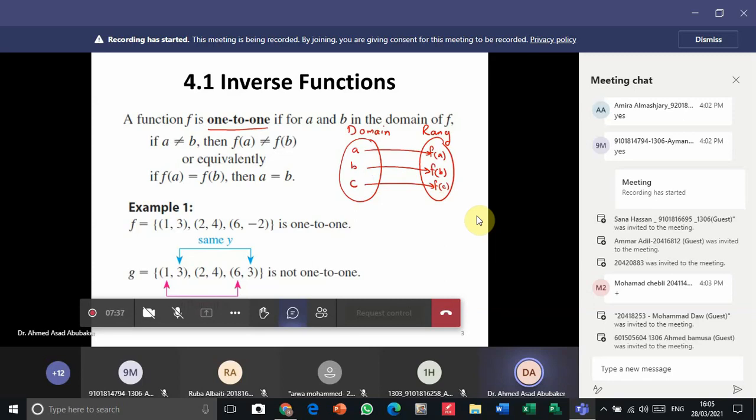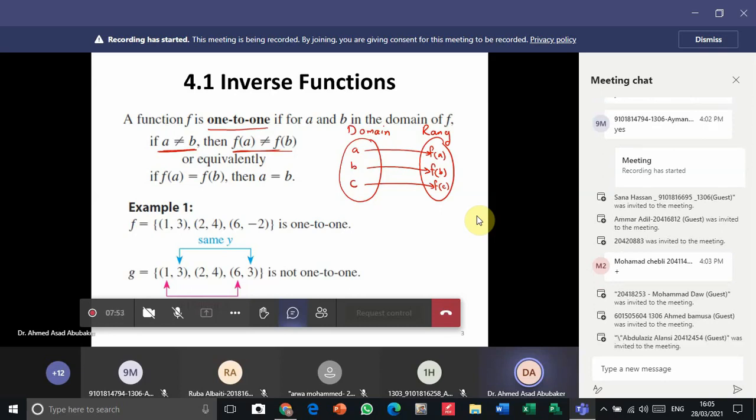So the main condition for a one-to-one function: if A and B are different, not equal, then f(A) and f(B) must also be different. Okay. Some examples of non-one-to-one functions, for example, f of x equals x squared. Look at -3 and 3.